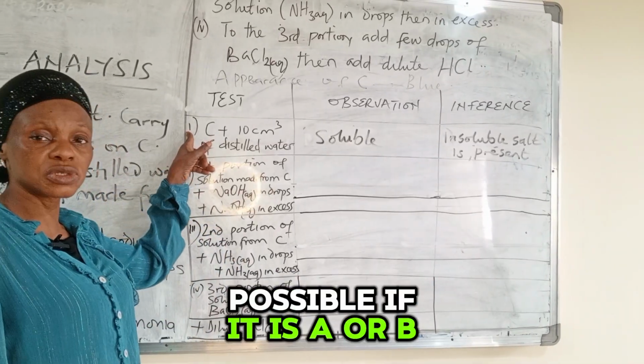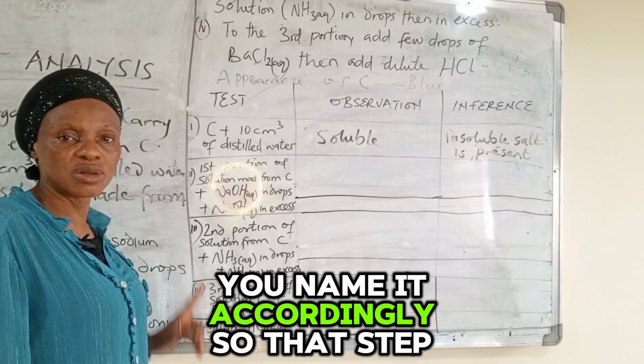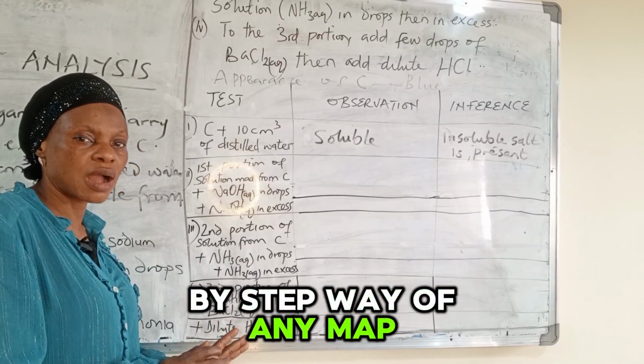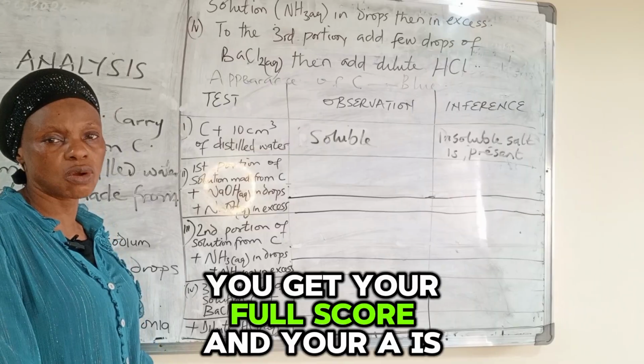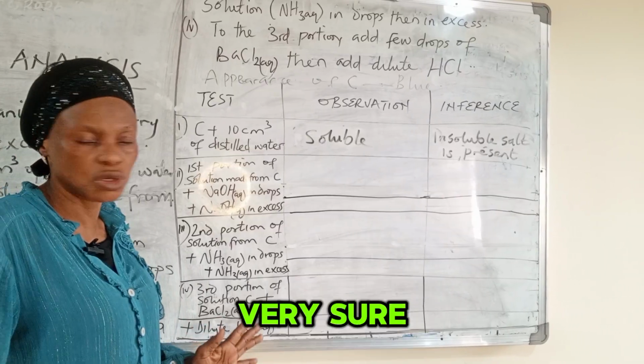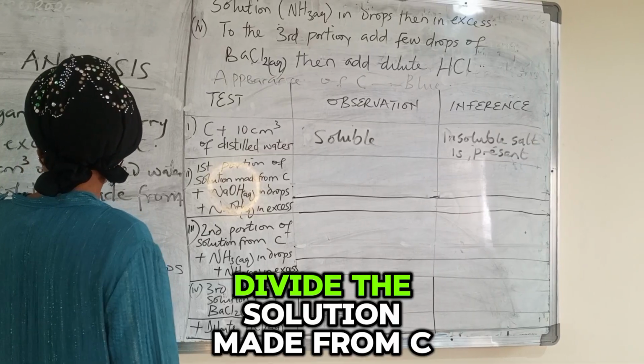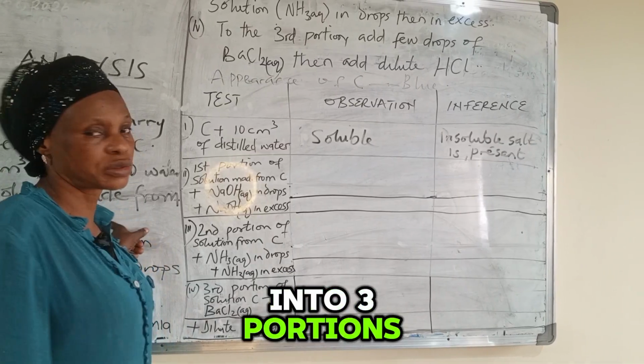Now the second question, and you should try as much as possible. If it is A they put, or B, you name it accordingly, so that step by step you get your full score and your A is very sure. The second one says to divide the solution made from C into 3 portions.